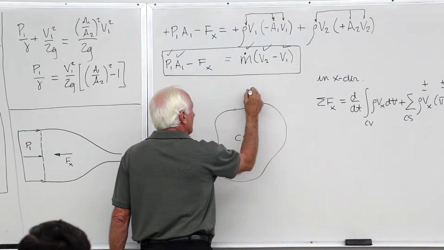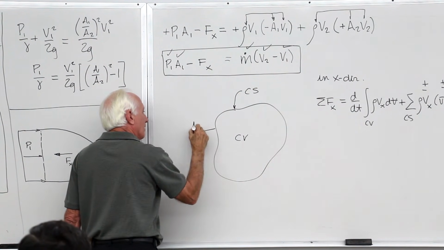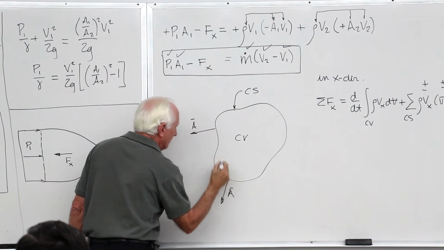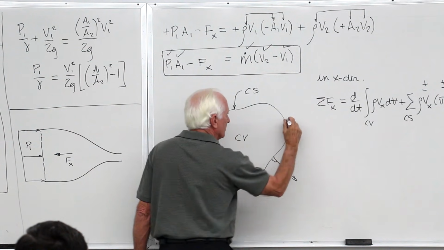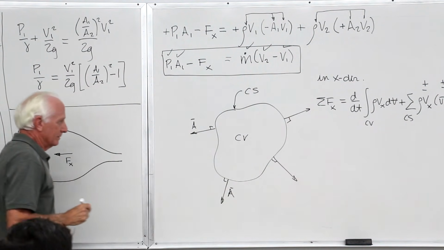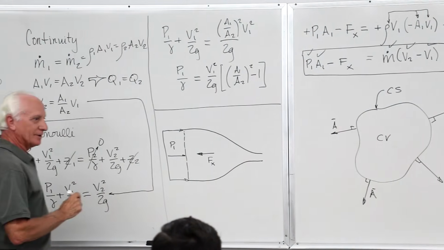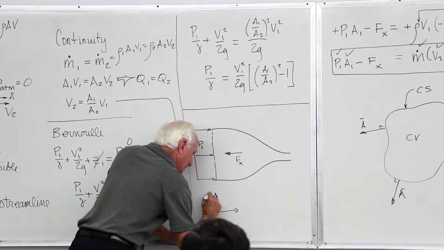Here's a control volume, here's a control surface. No matter where you are on this control volume, the A vector always points out normal by definition. That's the way the area vector always points out. It could point in or point out, but make your choice.